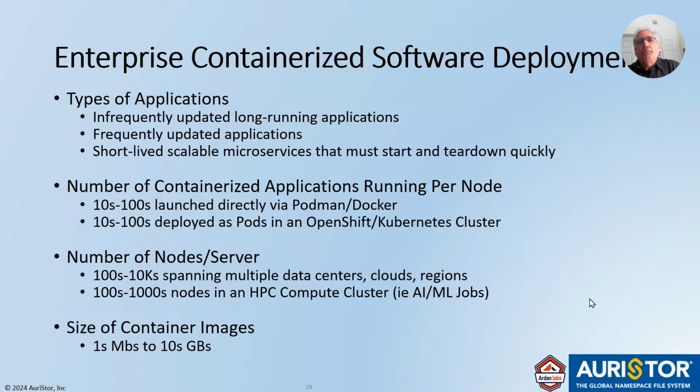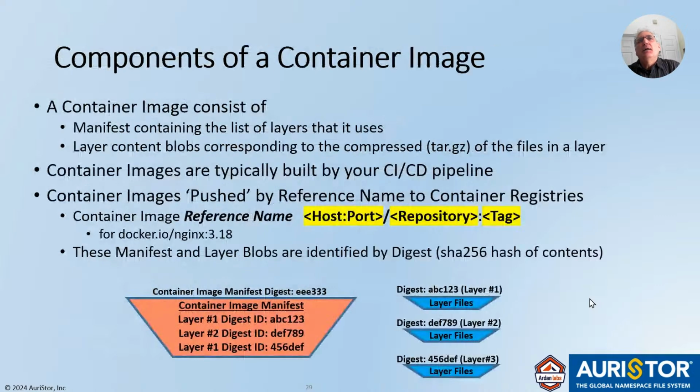So it's a repeat slide. So what's really going on? What really is a container image? A container image contains a manifest with a list of layers that are used by that container, and a way to get those.